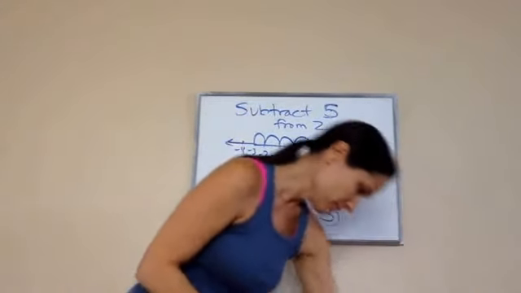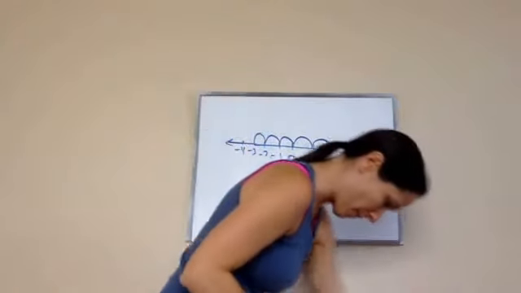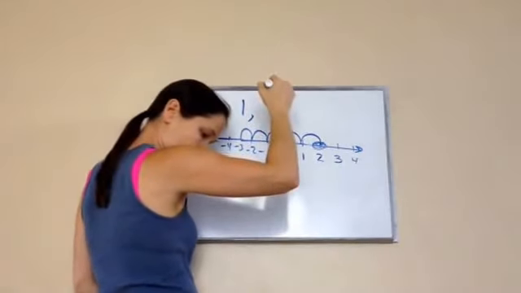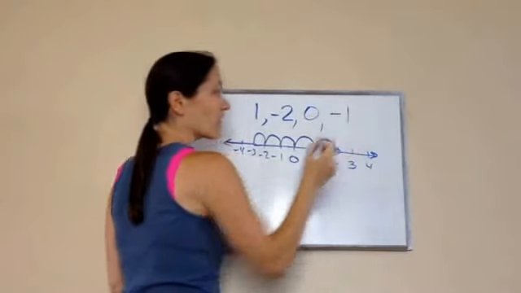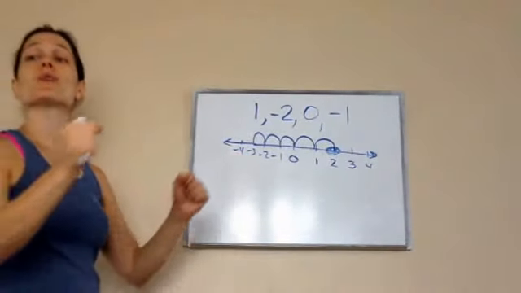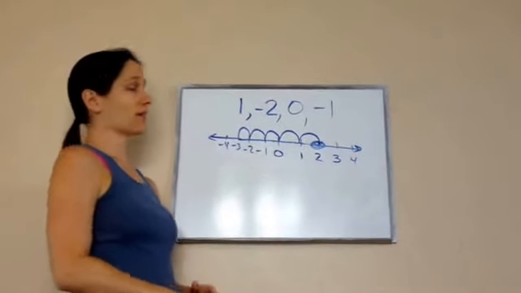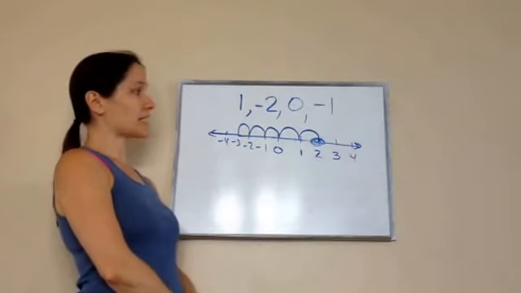Okay? Now, do this for me on your paper. Arrange these 4 numbers from greatest to least. Do you hear what I'm saying? Not from least to greatest, but greatest to least.